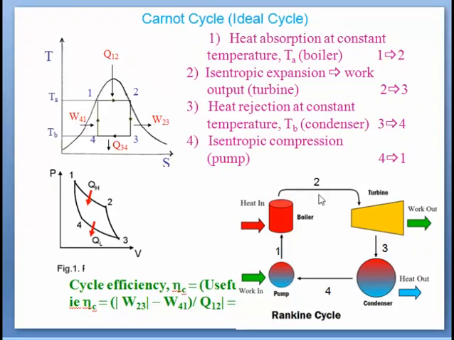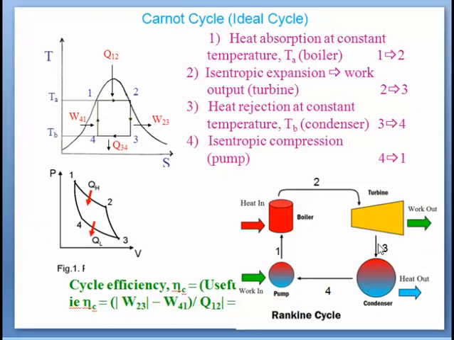Now the generated steam at state condition 2 expands in the turbine to state condition 3. This you can see from this TS diagram, that expansion from state 2 to 3 in the turbine, and work can flow across that isentropic process. So 2 to 3 is the expansion process, and in this process the turbine develops work, which is shown by W23.